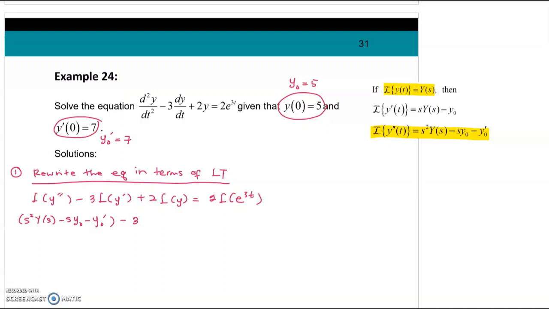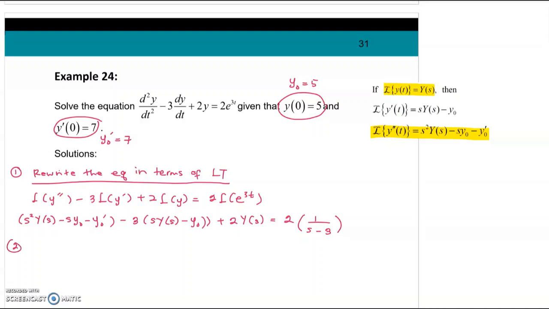Laplace of y prime is s ys minus y naught. Careful with your brackets and so on. Plus 2 Laplace of y is ys equals, at the right hand side, 2 Laplace of exponent 3t. For this one, this is 1 over s minus 3. So we have 2 over s minus 3 at the right hand side.